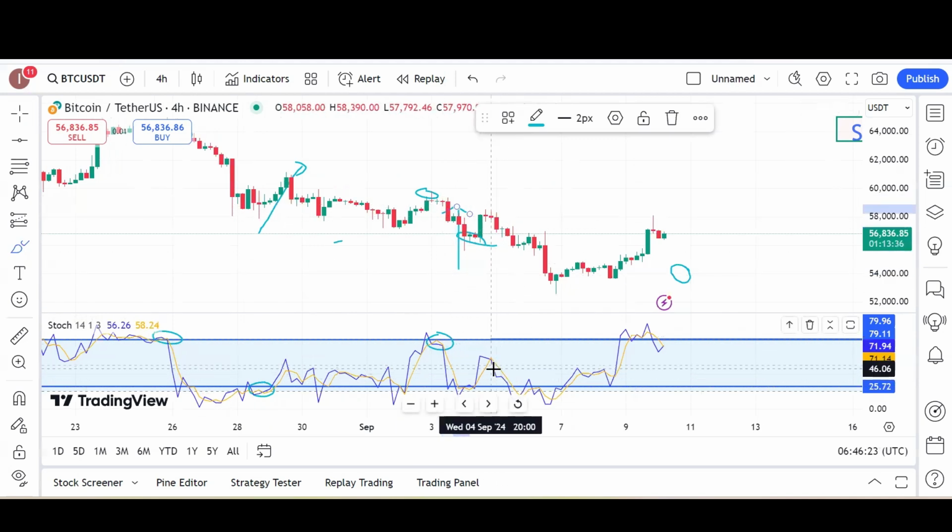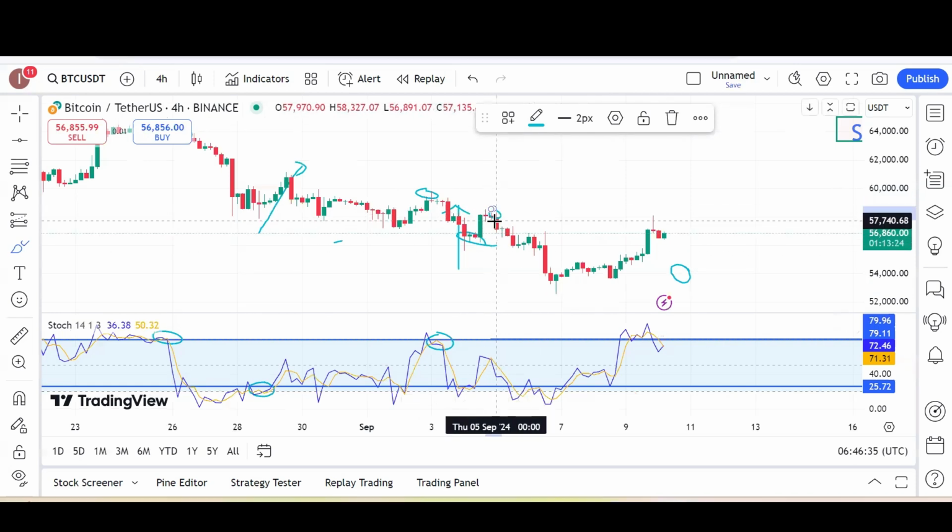And we get again the blue line crossed by the yellow line, and then we get the overselling here, and then we get a sell signal from the stochastic indicator, and the market goes downward again.